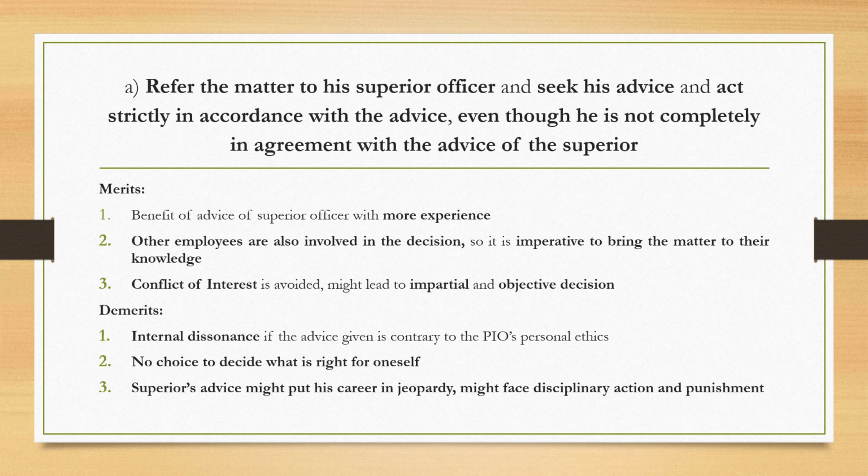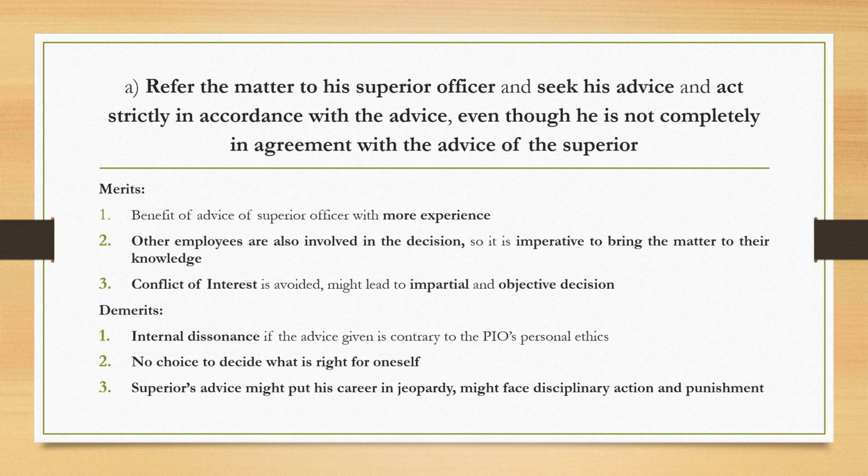Now, the demerits are that the PIO will suffer internal dissonance if the advice given is contrary to the PIO's personal ethics, right? So, whatever he feels is correct, if the advice given by his superior officer is opposite to that, then he will have internal dissonance. And secondly, there is no choice to decide what is right for oneself.